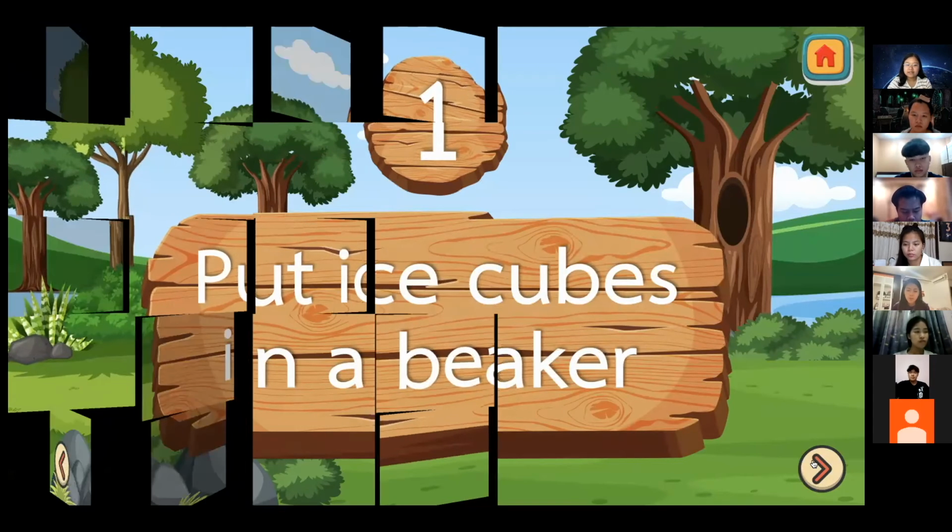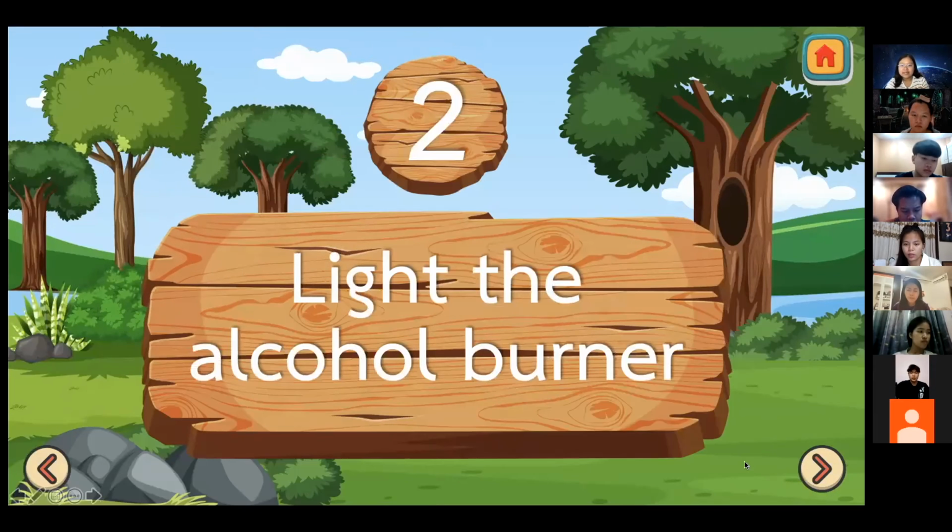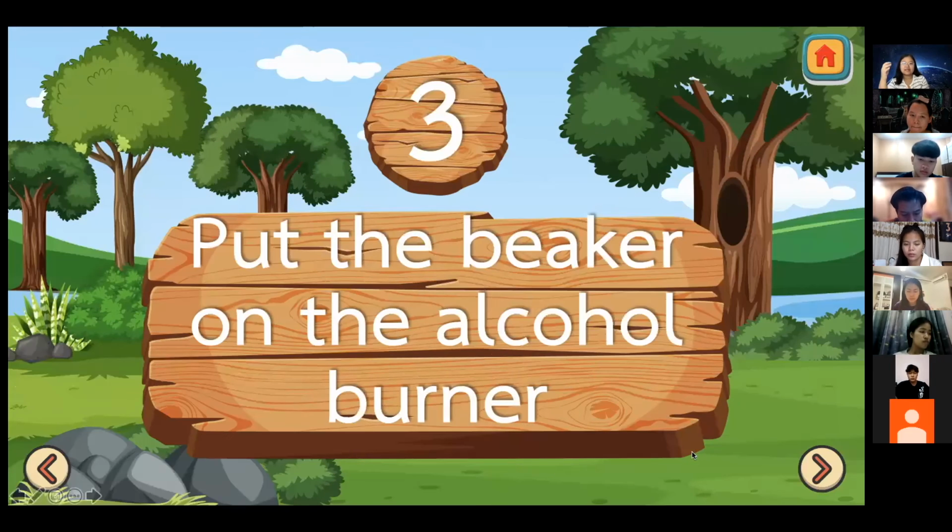Next one, you will light the alcohol burner. Okay? After that, you will put the beaker that contains the ice cubes on the alcohol burner.